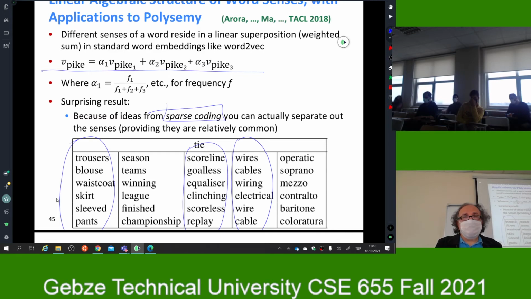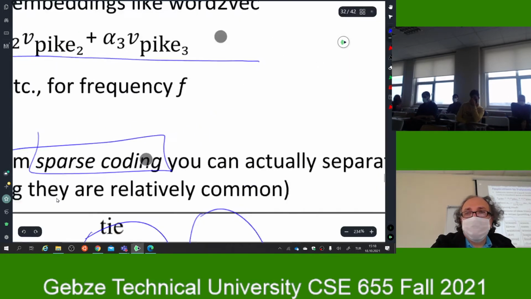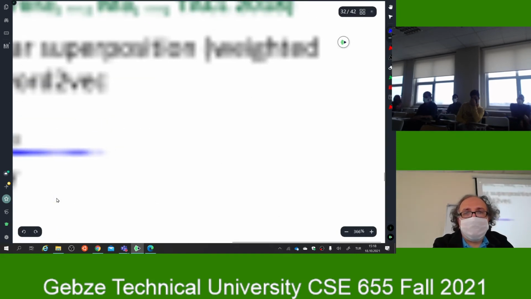So this is kind of a real world application of the word vectors, how they are doing it. Other real world applications are, for example, you can do this. Let's say I have a sentence.